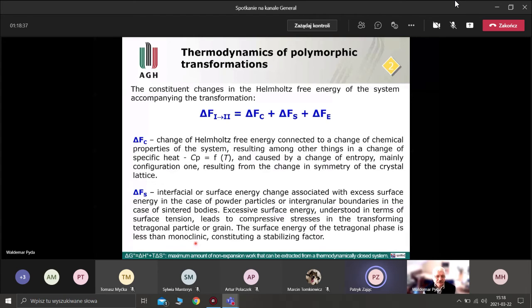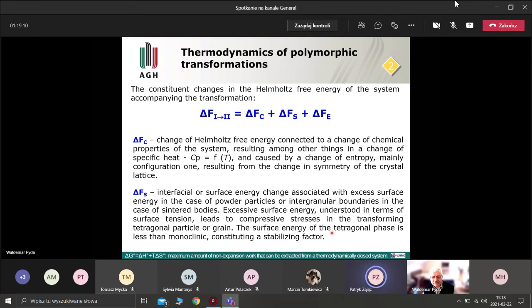Let me say this: the Helmholtz free energy, the Gibbs free energy increases. But is it possible any mechanism which will decrease the energy of the system which is under milling? So maybe change into the tetragonal phase. Yes, that's right. Spontaneous monoclinic to tetragonal.